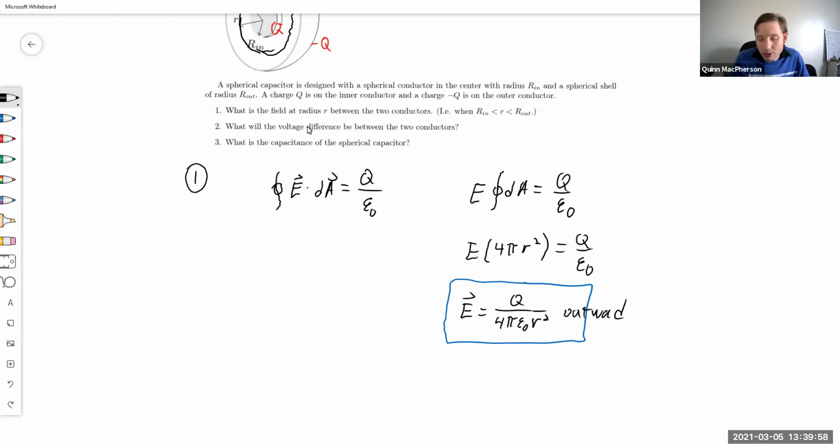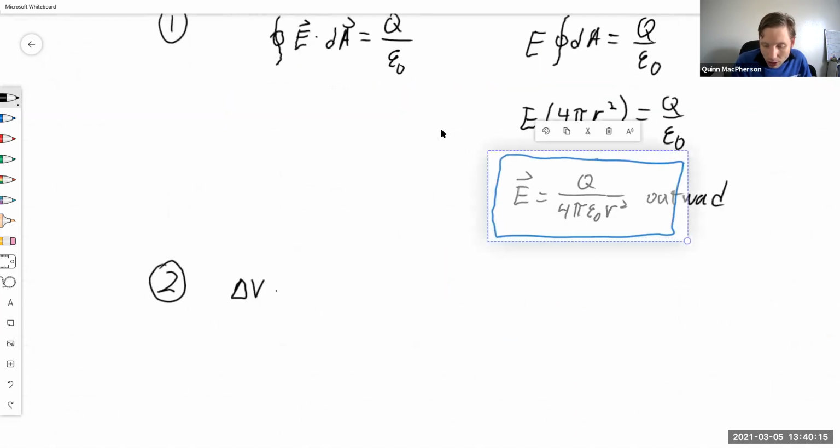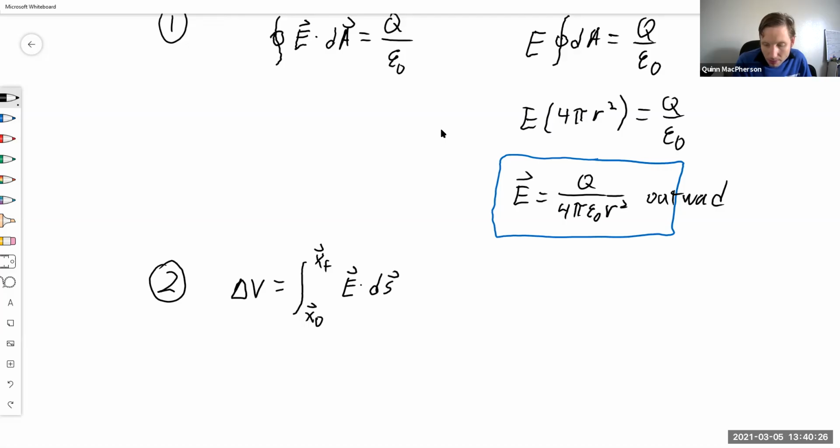And the next part of the problem asks, what is the voltage difference between the two conductors? And I'm going to do this by an integral. So you may remember that the voltage difference, delta V, is equal to the integral from one point to another point of E dot ds, the path integral.